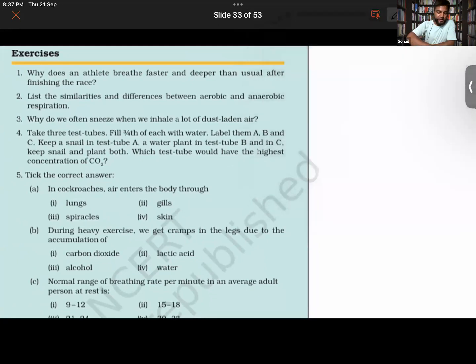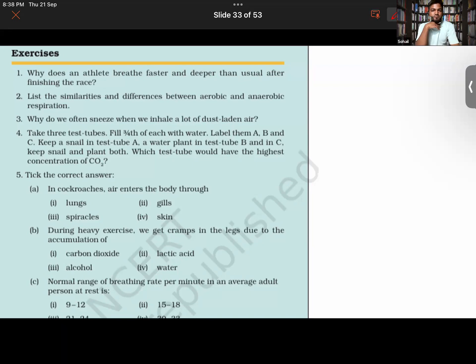Question number one. Vaiga, you see this question: why does an athlete breathe faster and deeper than usual after finishing the race? While running, athletes need energy in their muscles and cells for the extra work.